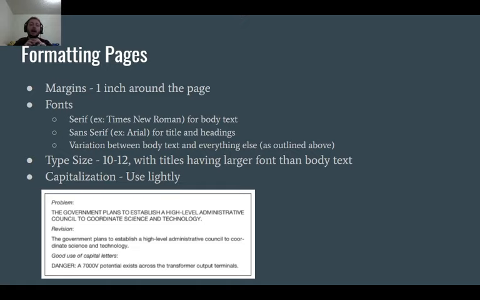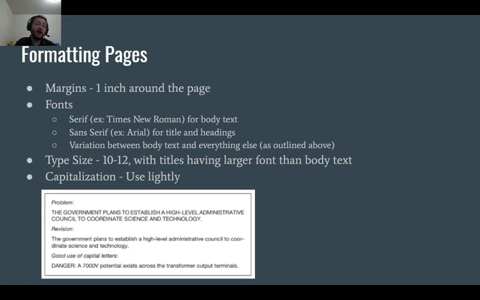Okay, because titles and headings are usually bigger. The Arial type font does a pretty good job. Plus, it looks nice when it's bigger in the heading format and less formal when it's in the body. And then lastly, variation between the body text and everything else as outlined above. Depending on which ones you use, you can vary the text.